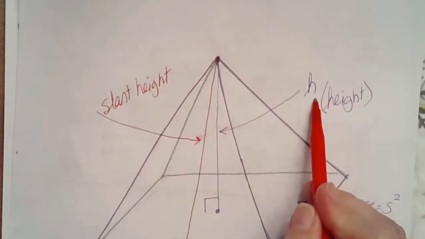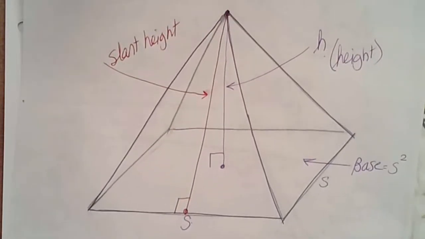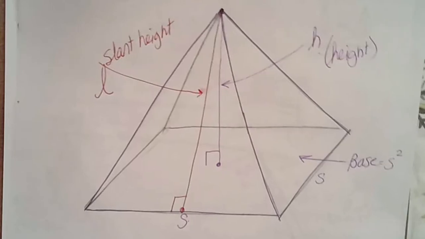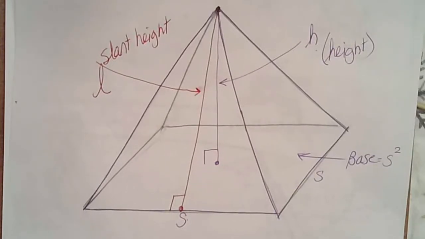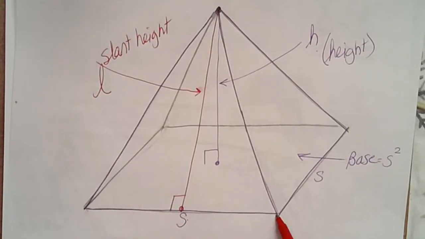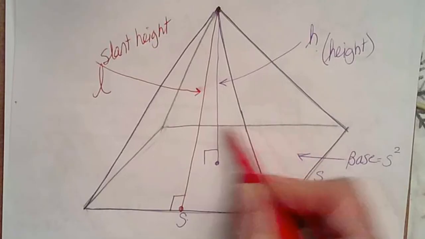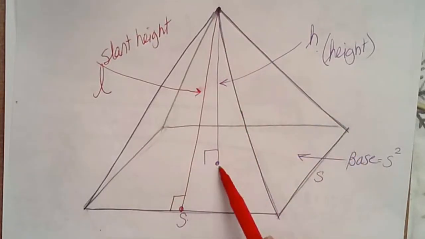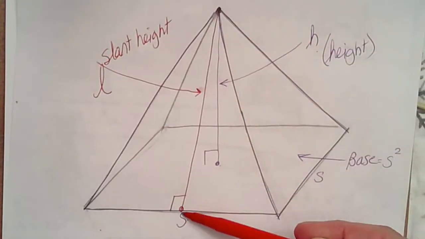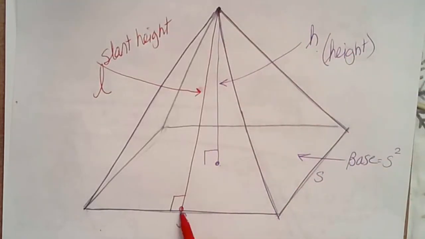And because the letter H is already taken, we are going to use L. It's just the most common abbreviation for slant height. So the measurements that we are going to have are going to be the side of the base, remember it's going to be the same all the way around, the height on the inside, and the slant height that comes from the vertex to the middle of one of the sides down here.